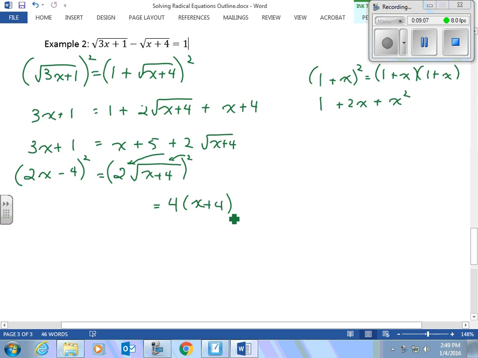And on the left, we're going to get 4x squared minus 8x times 2, so minus 16x plus 16. And now let's multiply through the right side here. So we'll have 4x squared minus 16x plus 16 equals 4x plus 16.